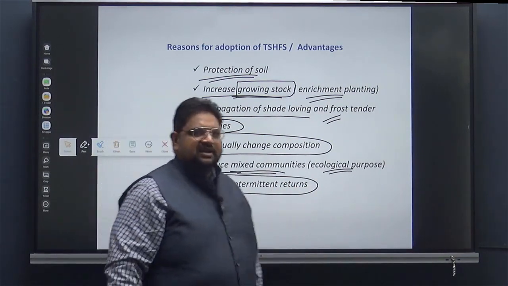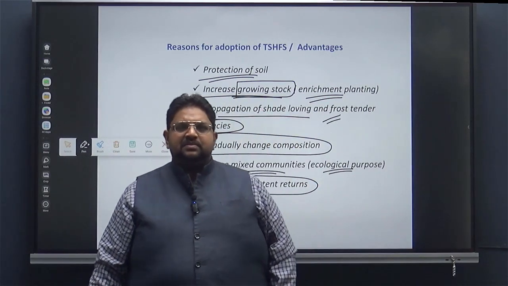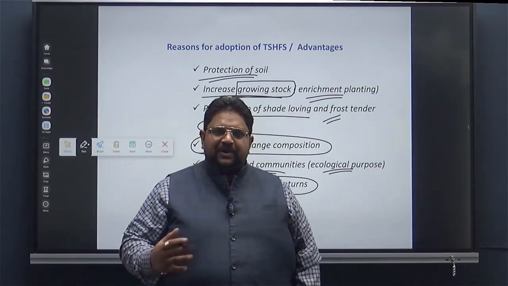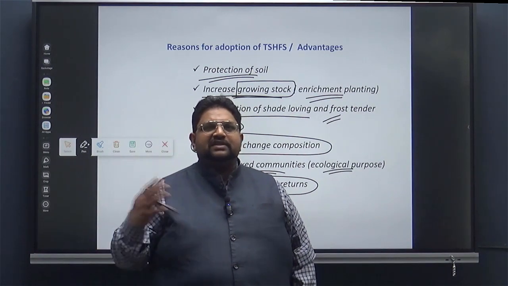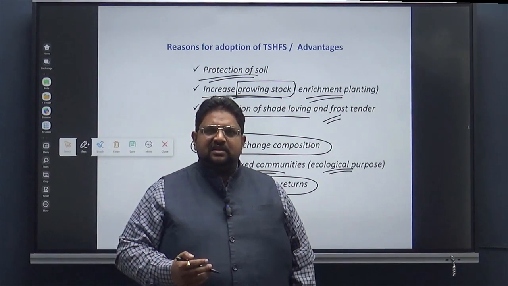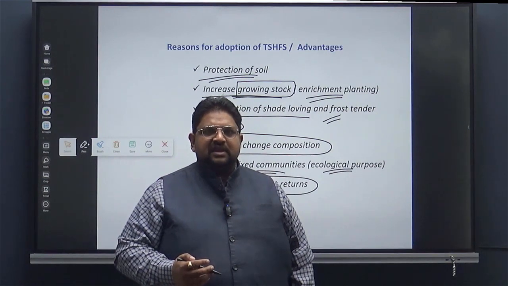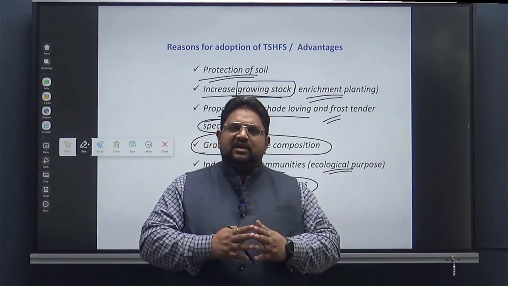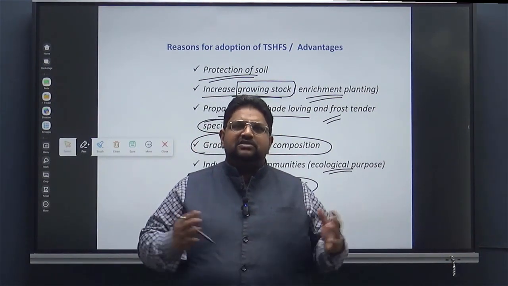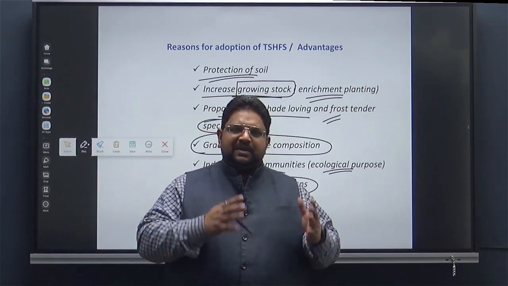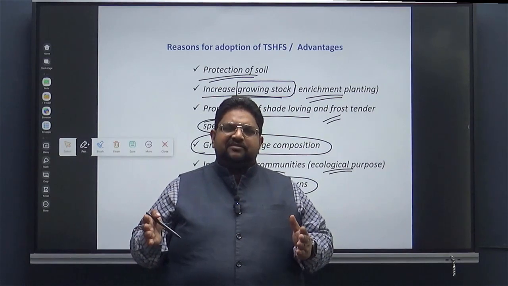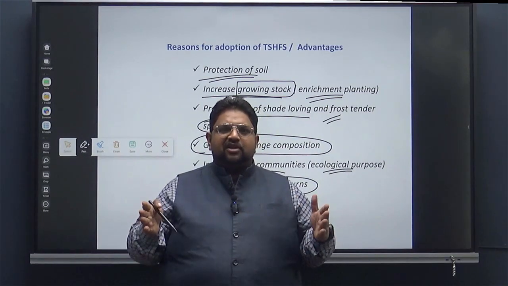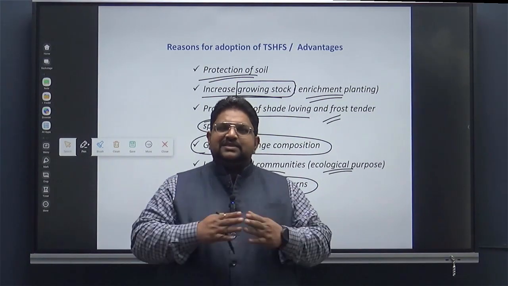Intermittent returns are the income which you obtain by felling and selling those trees before they reach the final harvest. See, forestry is one such occupation which has a very long gestation period. The period from the time of establishment till the time it is harvested, which we call the rotation period, is very, very long.